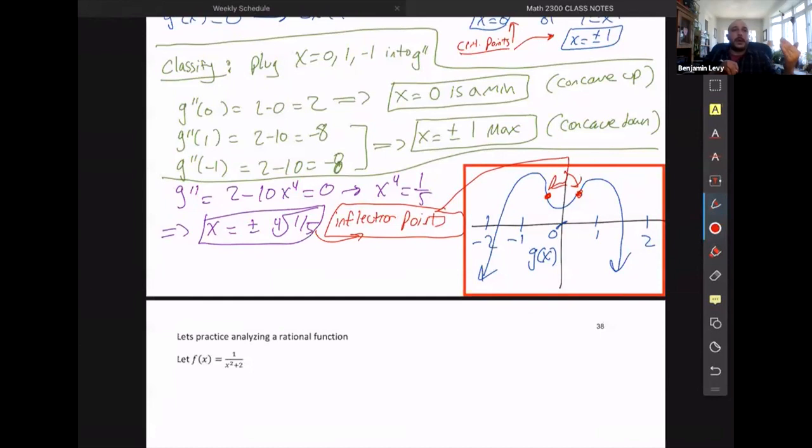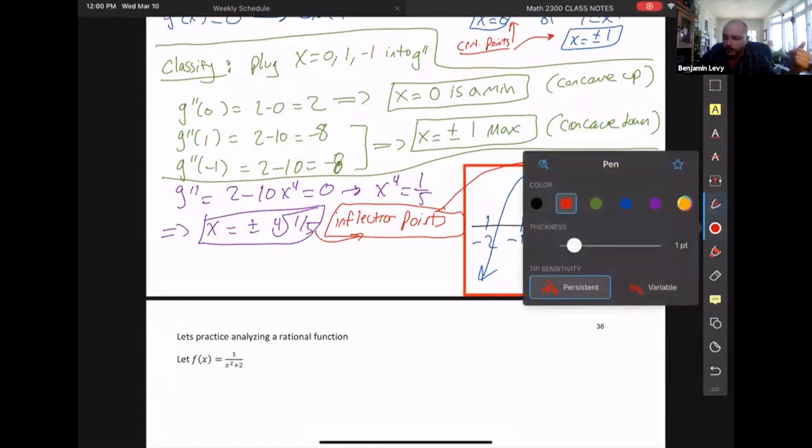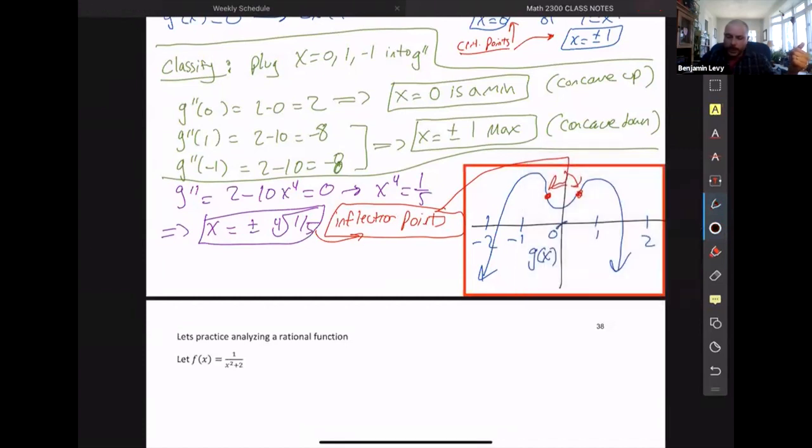And so if we want to think about the intervals on which it's concave up and down, looking at the picture and the points we already plugged in, we know the answer, right? Let me do it in black.